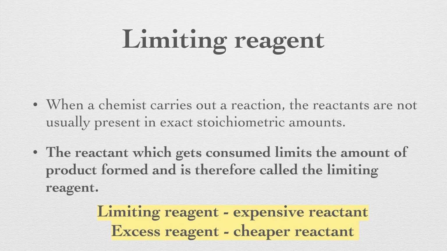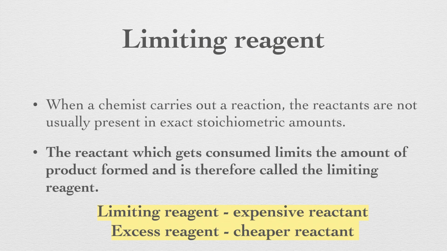Once that is done, the reactant which is present in lesser amount gets consumed after some time and the reaction will stop, and the one which is in excess will be left over. The reactant which gets consumed limits the amount of product formed, and therefore it is said to be the limiting reagent.